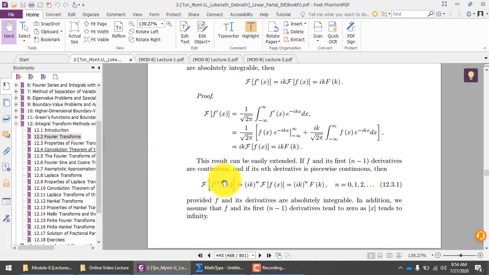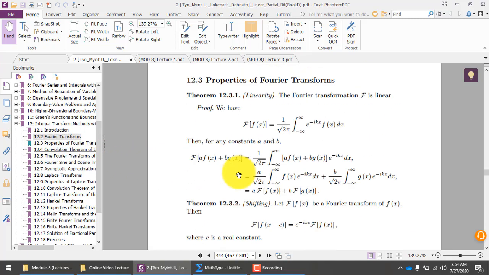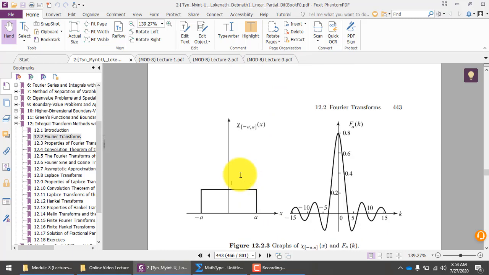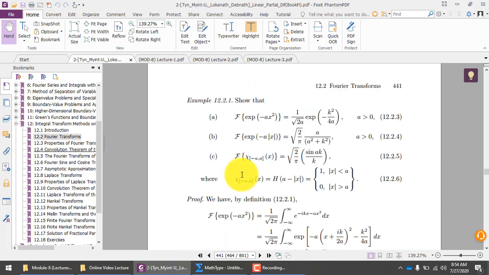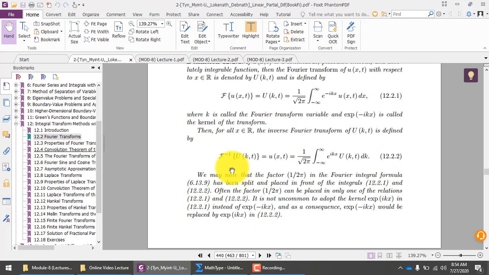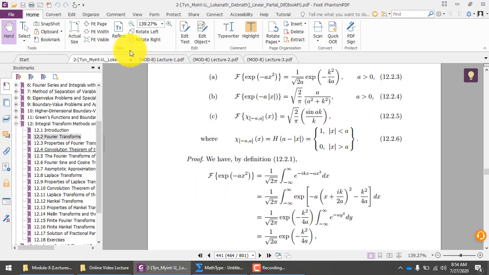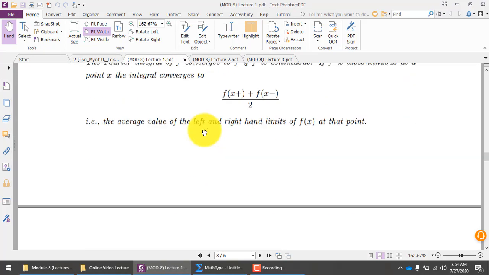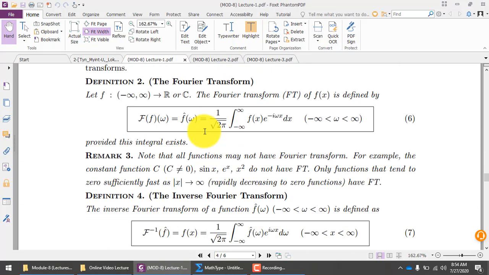If you go back to the definition of Fourier transform in the book, it says: note that all functions may not have a Fourier transform.